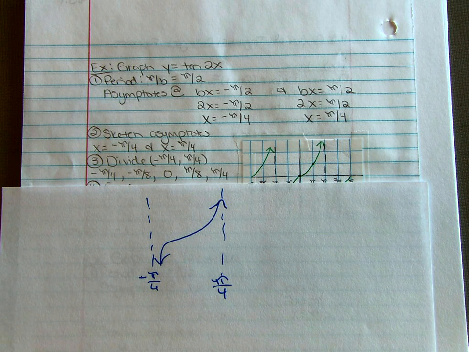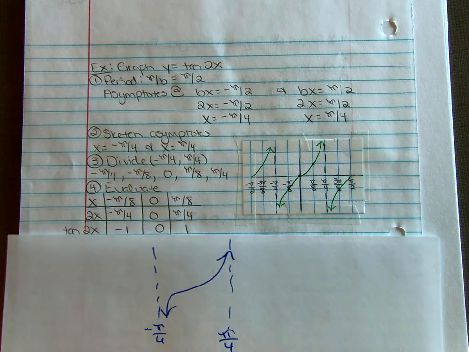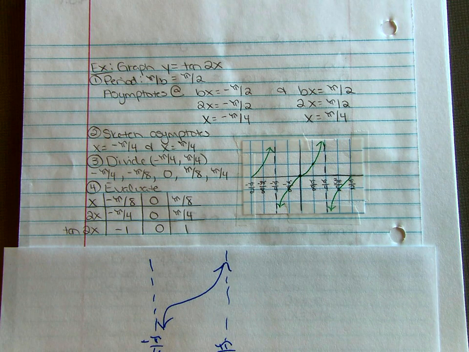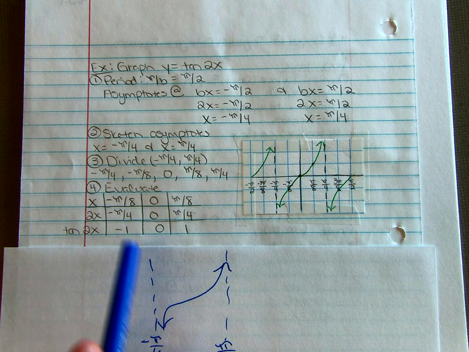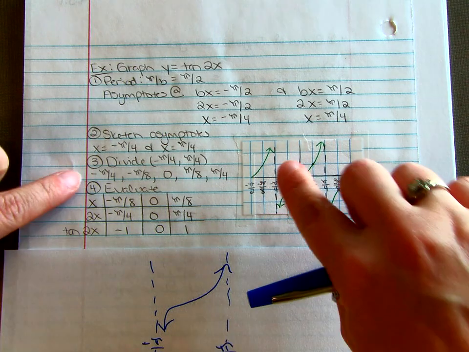And then I did do a table, I think for all of them. Again, you are not required to do a table. It helps me to understand what's going on and to figure out where my values are. So those subsections dictate what my x's are. Notice I didn't include the negative pi over 4 and the positive pi over 4 in my table.